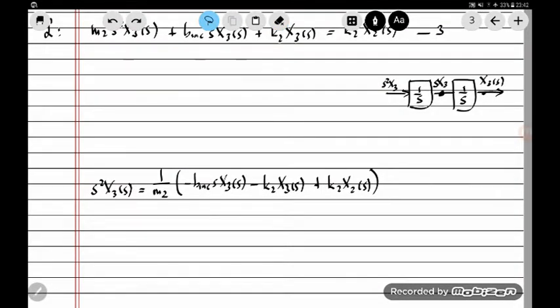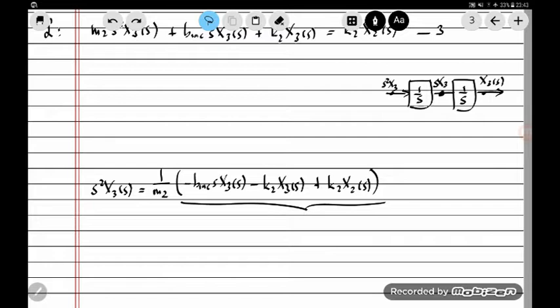Alright, so this equation can be interpreted like this. What it says is that the signal s squared x3 of s is equal to 1 over m2 times this whole term. And this whole term is just a sum of signals times transfer functions. So we can modify our diagram like this. Remember, here is s x3 of s.